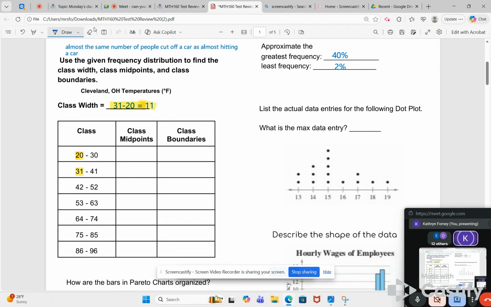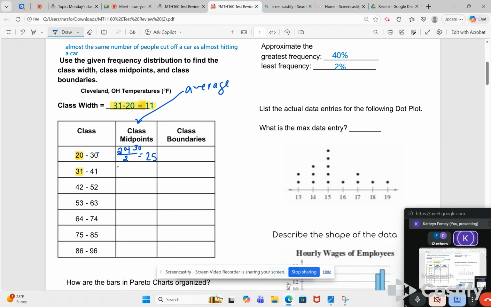So now, in order to find the midpoint, does anyone remember what you do? So to find the midpoint, you want to average the class. So you would say 20 plus 30 divided by 2. And so when you do that, you would get 25.